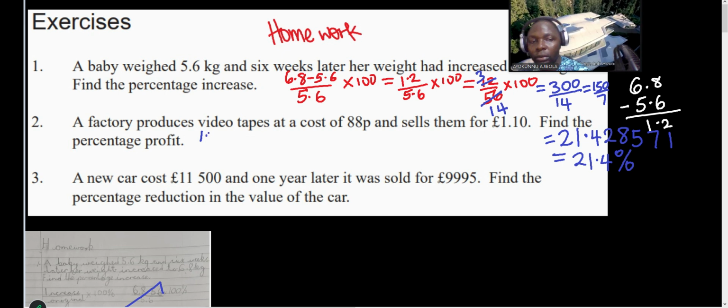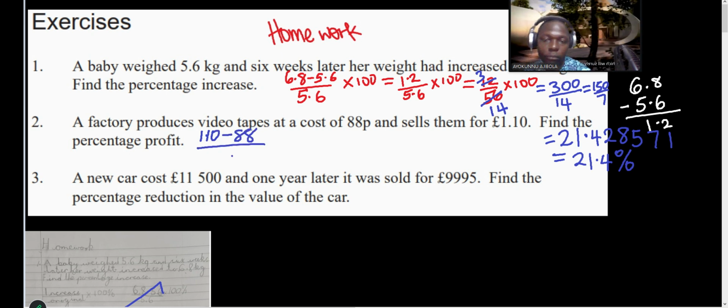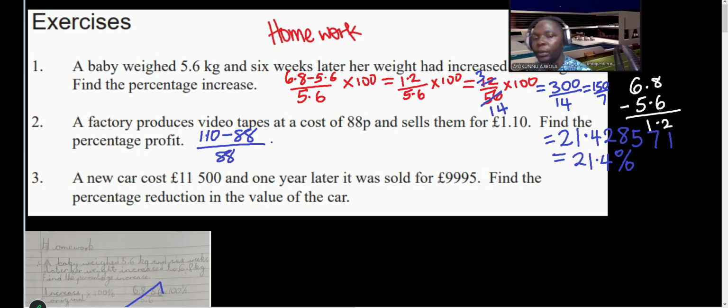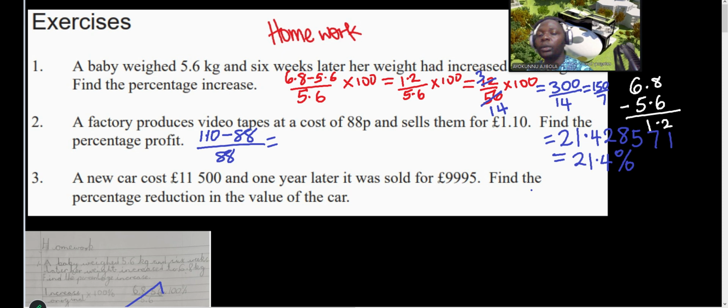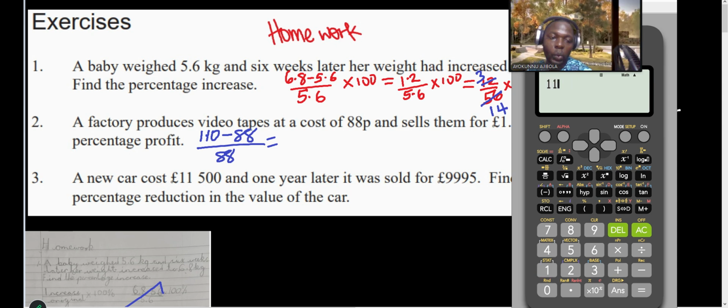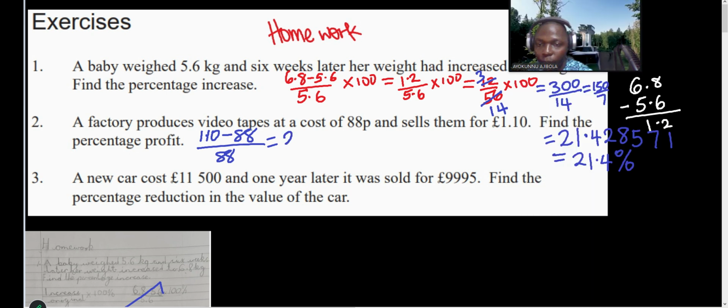So 22 over 88, times 100, okay? 22 in 88 is 4, times 100. 100 divided by 4 is what? 25. So that should be 25%, not 25p, okay? Because you are looking for percentage profit.